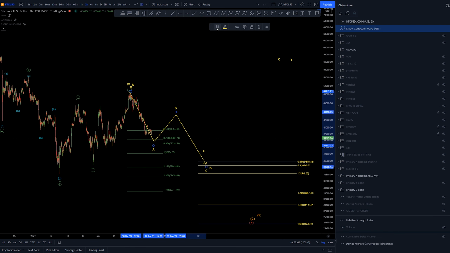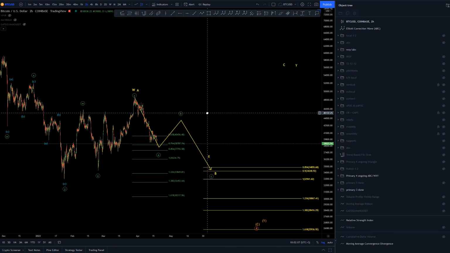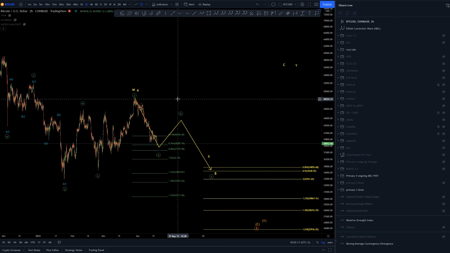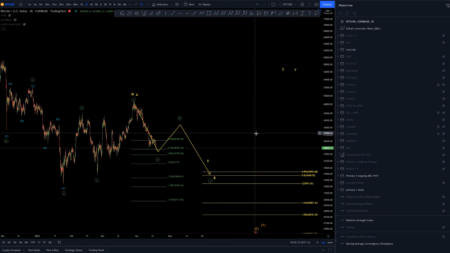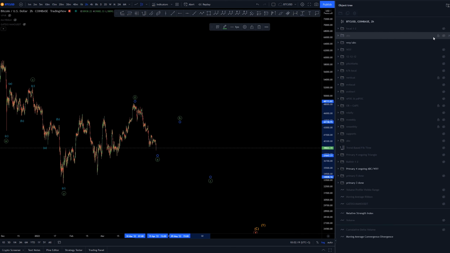Something like this. Depending on how hard this goes, this B wave, we can then determine if it's an X wave or a B wave or a wave 2 that is coming up. Let's put this guy here.